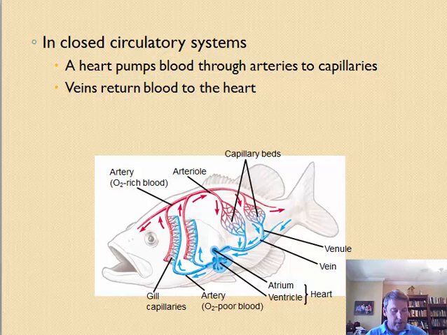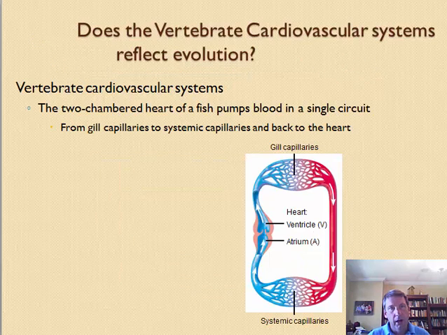Now we have different variations on these open and closed systems, and the heart structures differ. Here is what we just looked at with the fish. The diagram shows a heart with two valves and two chambers, an atrium and a ventricle. Those are the names we use for the chambers in the various types of circulatory systems.